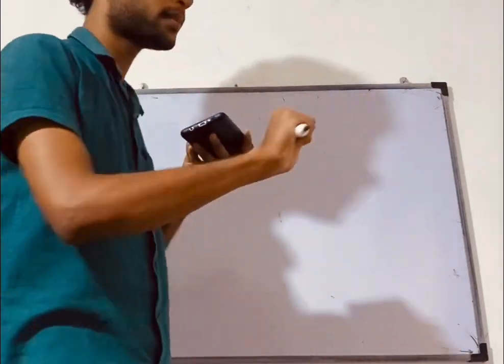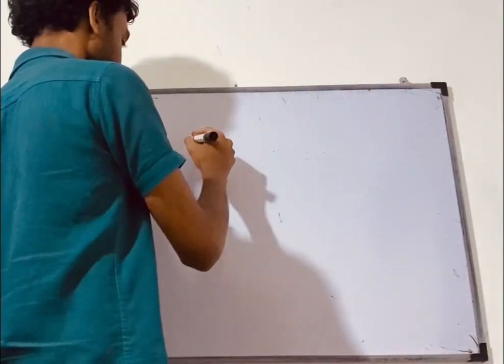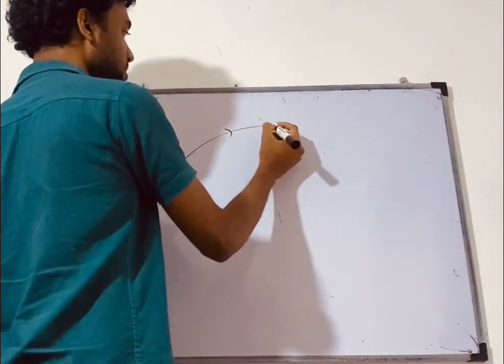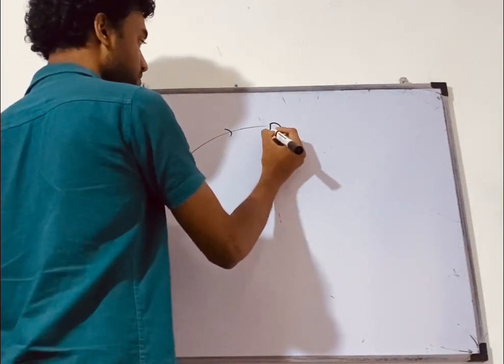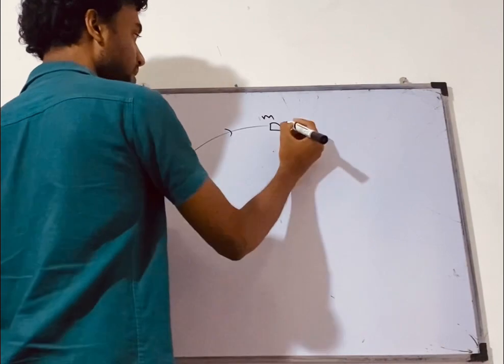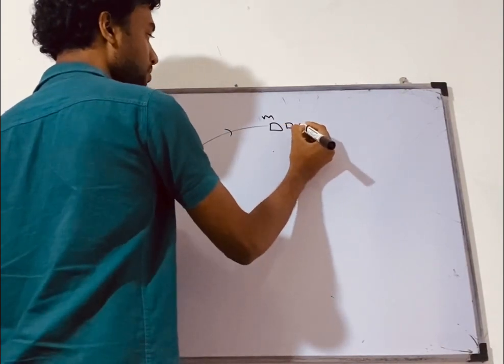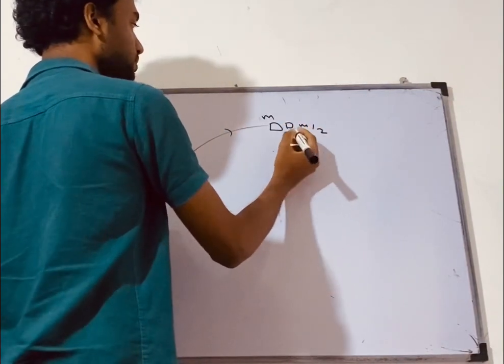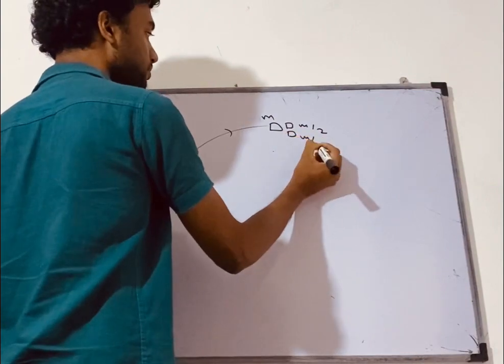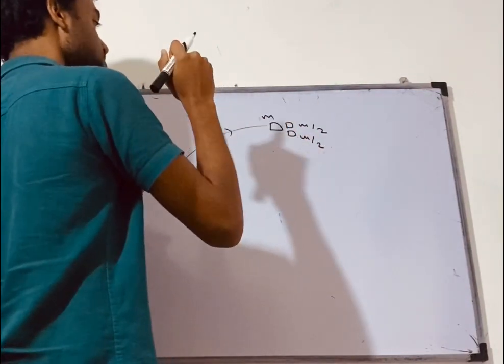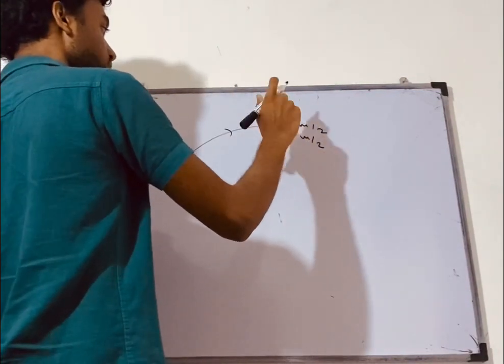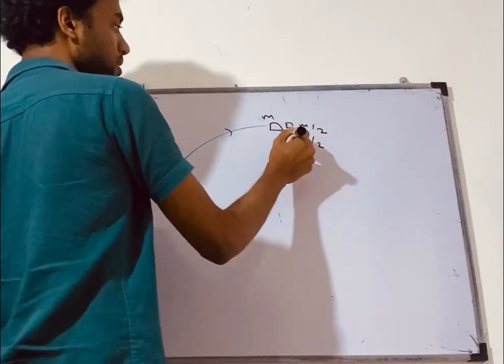Let's see. Right, so at the maximum height, this mass of m explodes and it becomes masses of m over 2 and m over 2. What happens to one of the m over 2's is that it goes downwards.